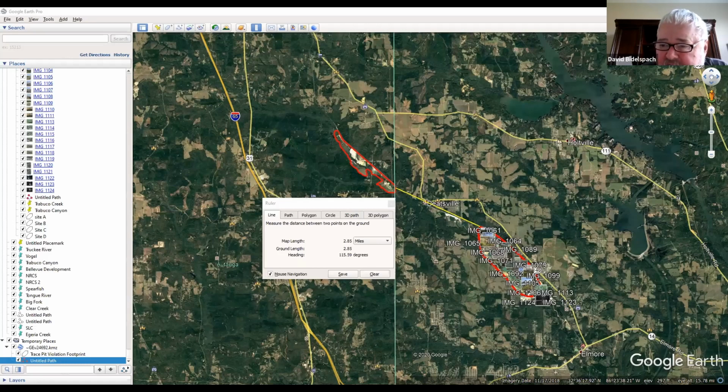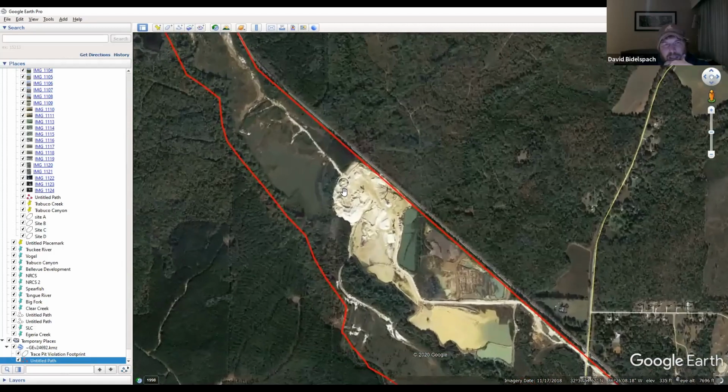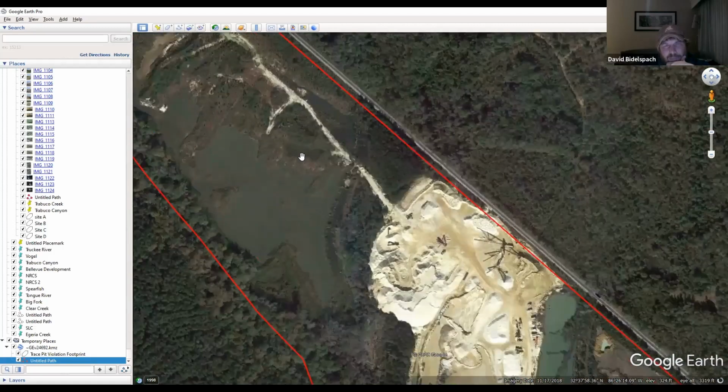So basically, my understanding is that the Mortar Creek did it jump on its own, or did they force it into an alternate route? I think on this one they just forced it into an alternate route. And so they want that to be adopted by EPA as the new alignment. Is that what they're trying to sell? Right now, I think EPA has given TTL a violation, and right here this discoloration is where the existing channel is.